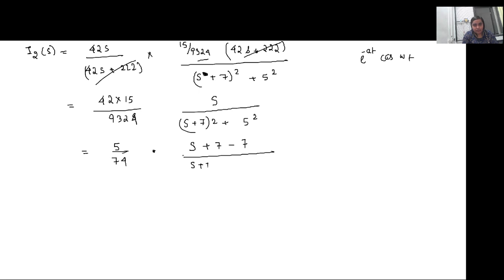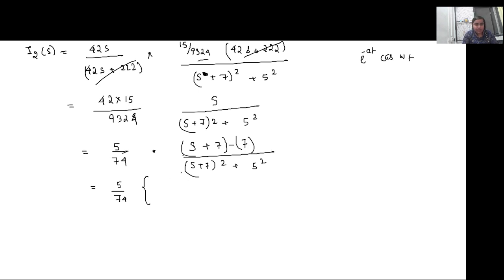Now you separate out this term and this term. 5 by 74 will remain outside. If you start practicing, you will figure out how to separate out the terms and make it in some format so that you can take the inverse Laplace transform.